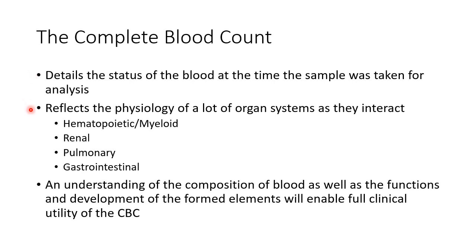So, as we have described a while ago, a lot of organ systems interact by way of molecular signals or messengers to ultimately affect the levels of particular cells in the blood.